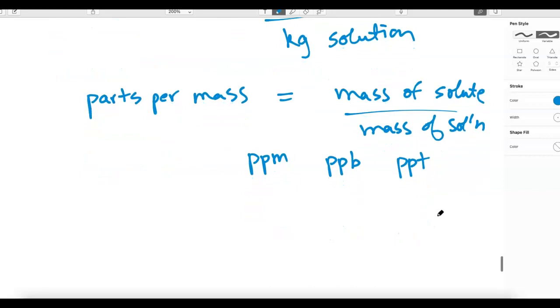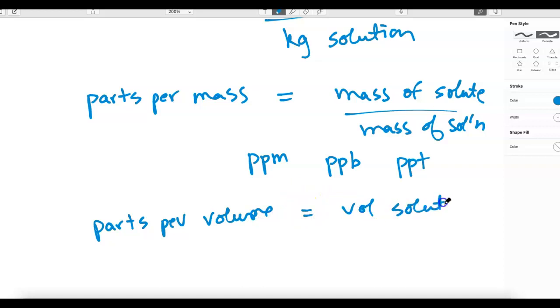You see those a lot in environmental applications, like how much of this type of contaminant is allowed in your drinking water. You can also have parts per volume, which is just in terms of volume. It's the volume of the solute over the volume of the solution. So you have to be specific as to which one you're looking at.